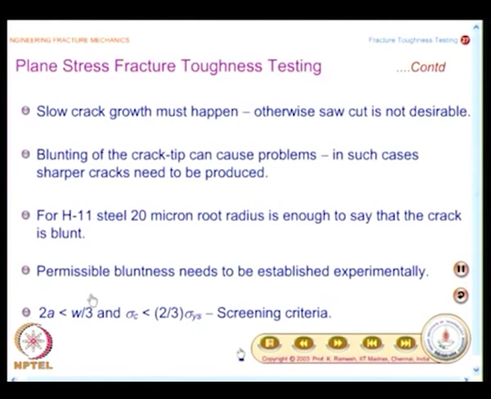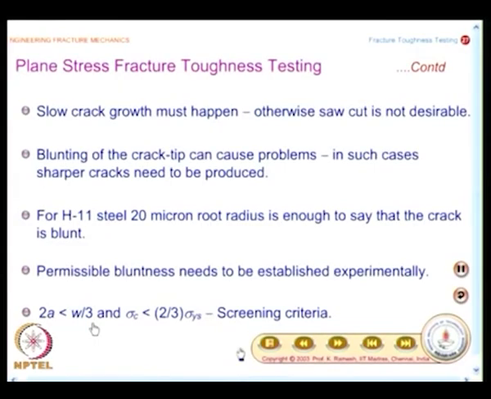And you have certain screening criteria. The length of the crack should be less than 1/3 of the width, 2a is less than W/3, and I had already mentioned the moment you come to plane stress fracture toughness testing, the width of the panel also matters.